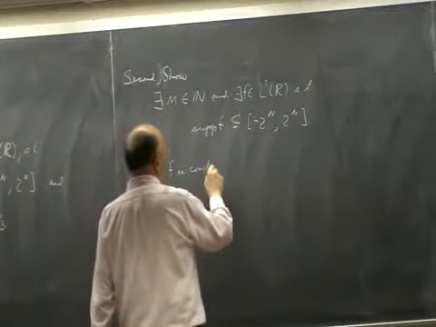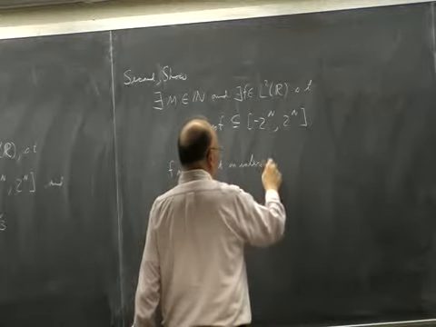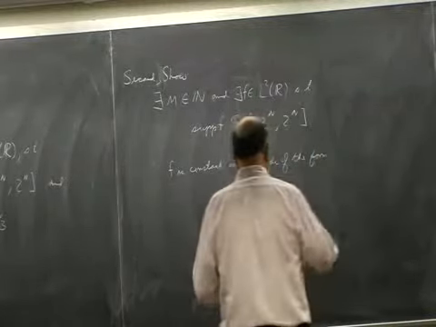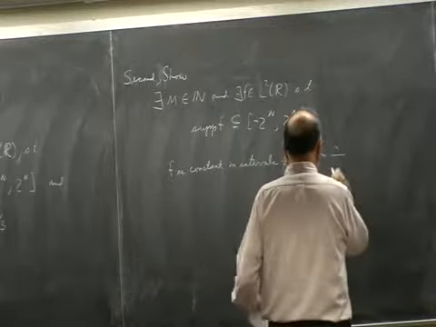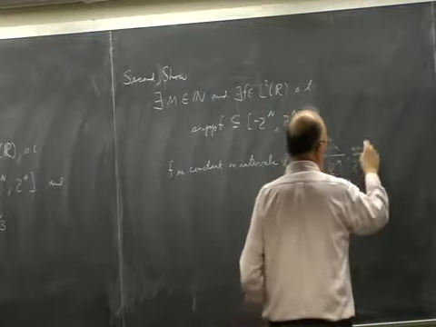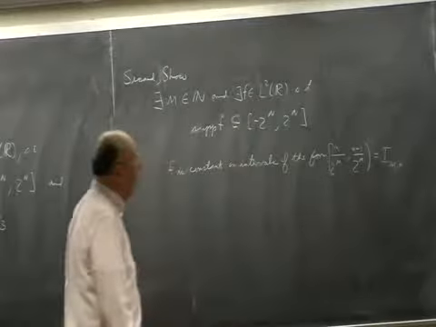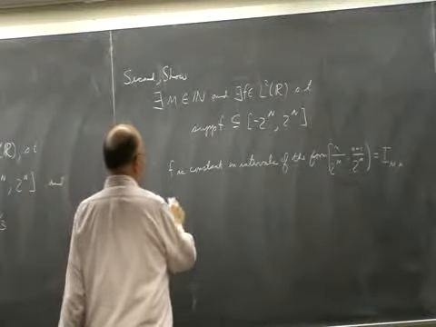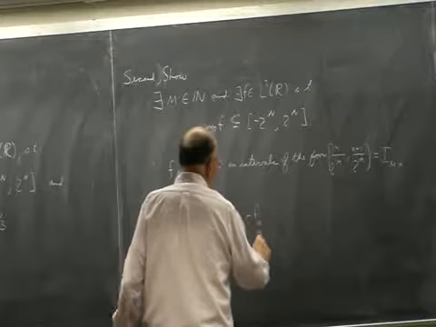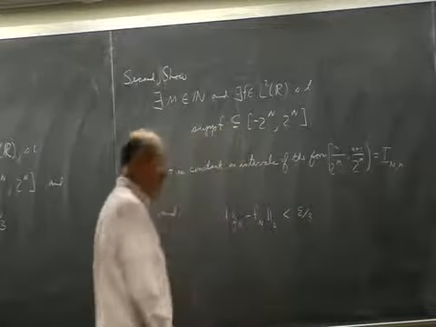F is constant on intervals of the form n over 2 to the m, n plus 1 over 2 to the m, of course that's an I_{mn}. And G_n minus F_n in L2 norm is less than epsilon over 3.